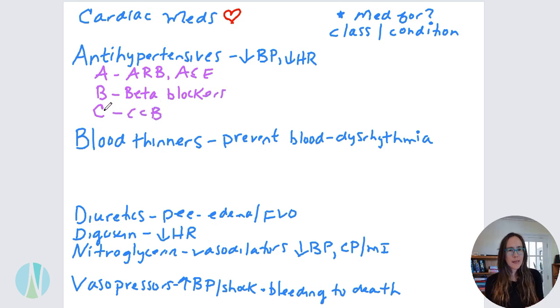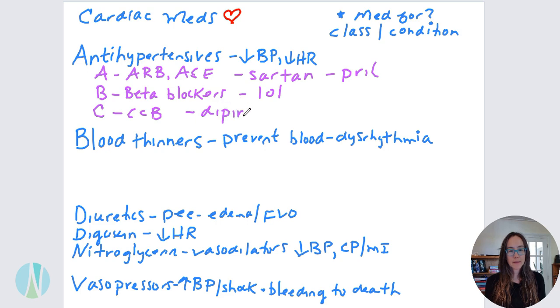Now, what are the names of these? The angiotensin receptor blockers, they end in sartan. And then the ACE inhibitors end in pril. The beta blockers, I know you know this, they end in lol. And then the calcium channel blockers end in dipine, like amlodipine.